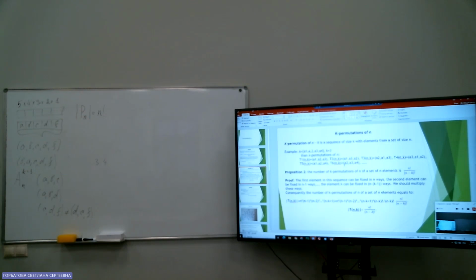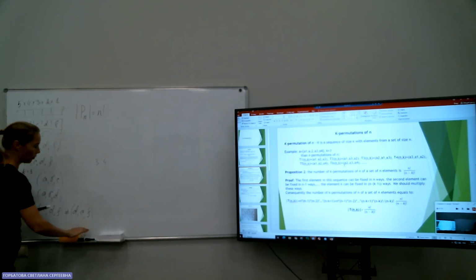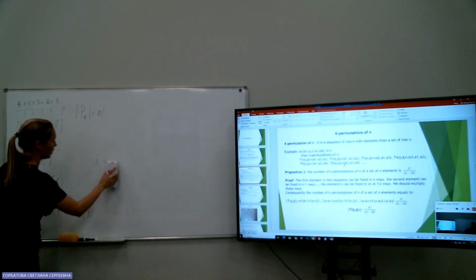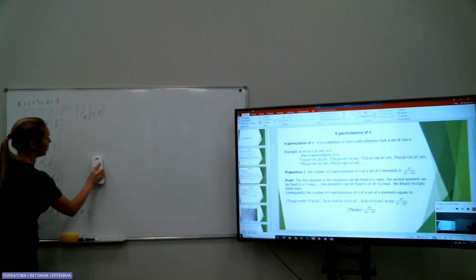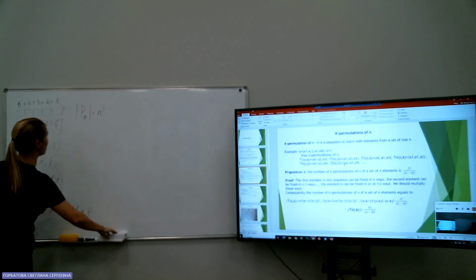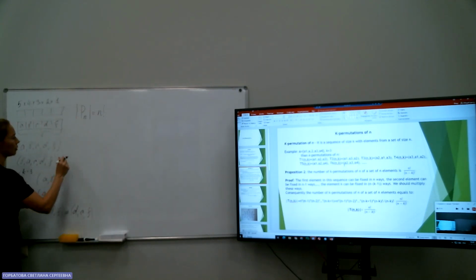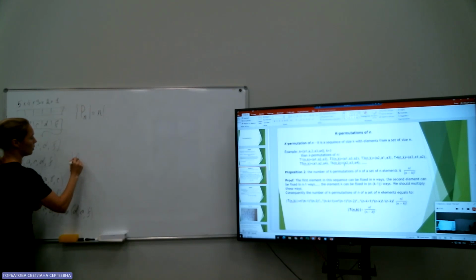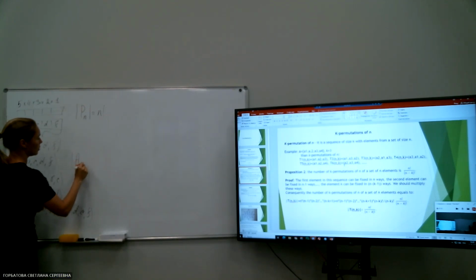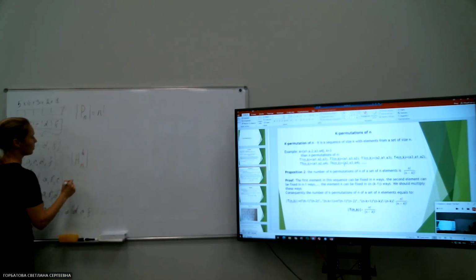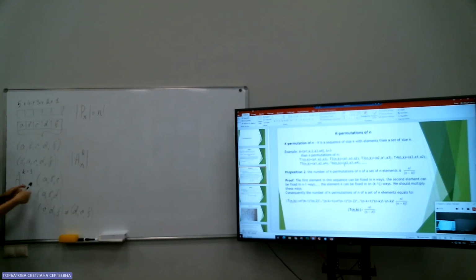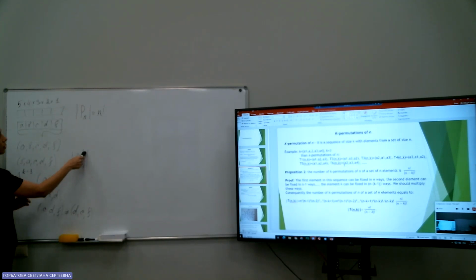And we can count the number of k permutations of n elements as well as just permutations. It is like the number of elements of this set.